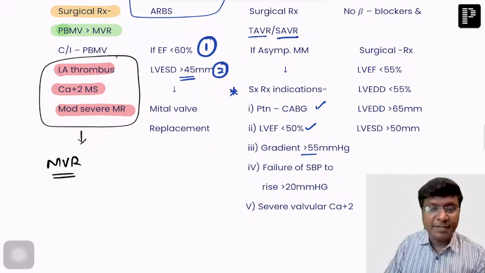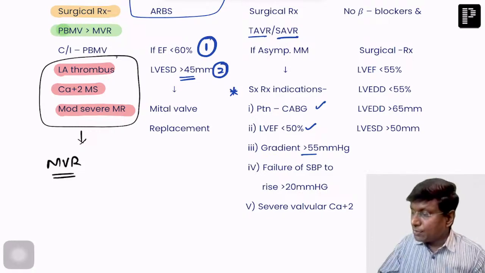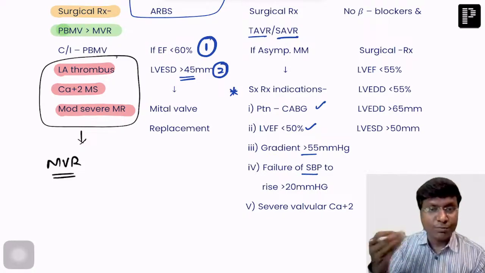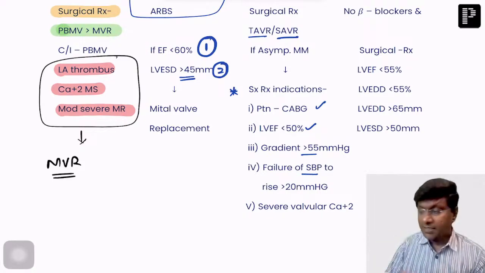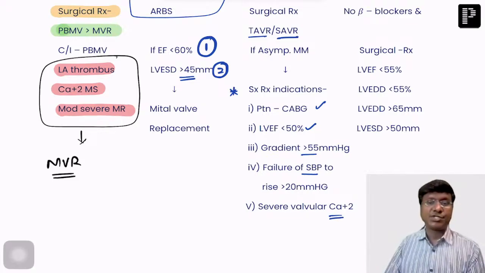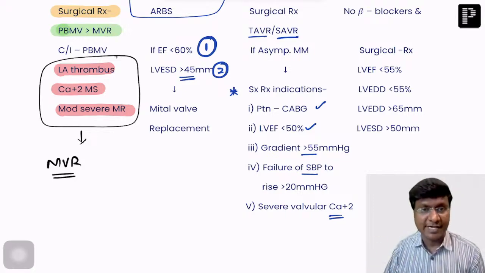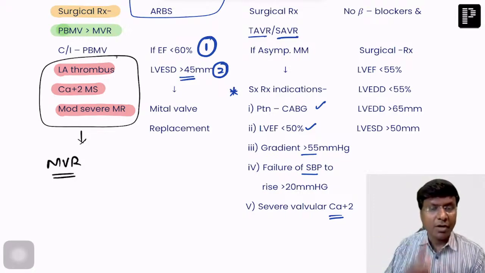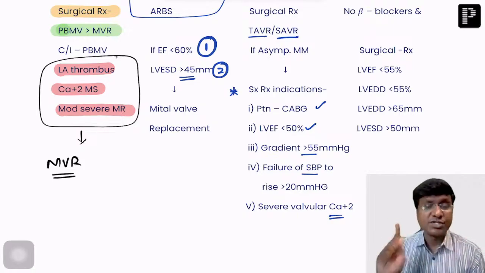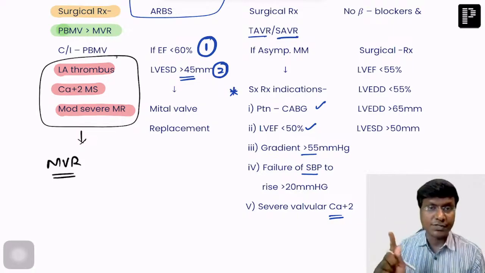Gradient more than 55 millimeters of mercury. Failure of systolic blood pressure to rise more than 20 millimeters of mercury. And severe valvular calcification. So these are the indications where you need to do aortic valve replacement even though the individual is asymptomatic, right? And always remember, if a patient with AS becomes symptomatic, the prognosis is very bad. The prognosis is poor, right?